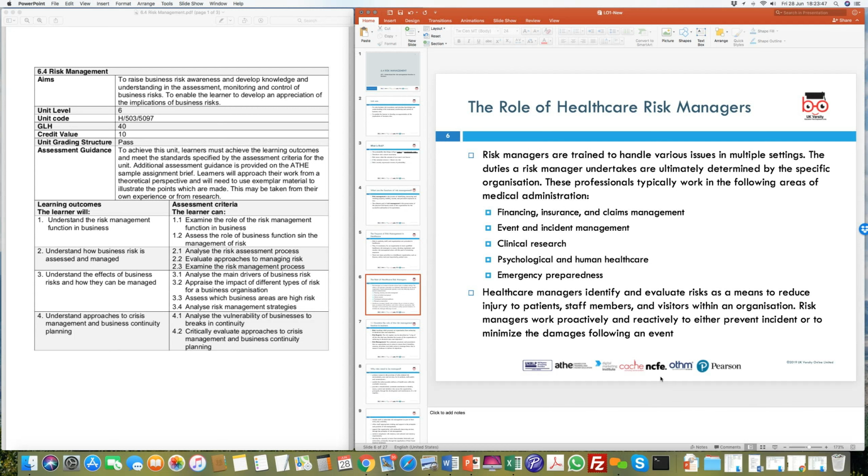Now, there are lots of risks that we were talking about. Risks can arise because of finances. They can arise because of insurance, because of claims being made. When you look at the medical or clinical side of things within the NHS, it could also relate to the post-care which is given when somebody undergoes some sort of operation or surgery.